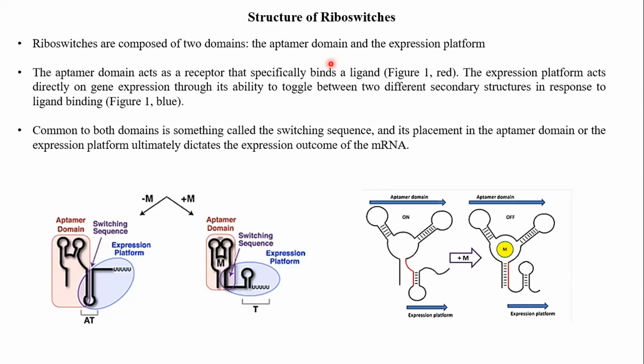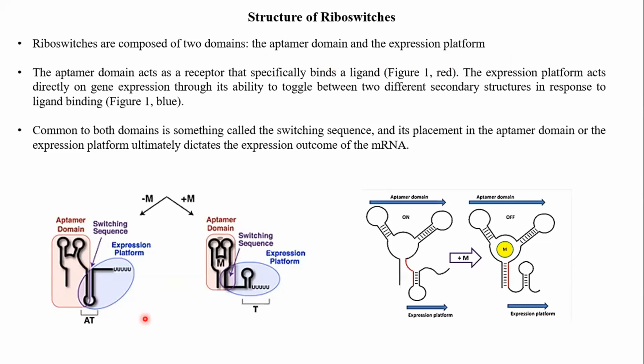In proteins also there are domains, and the property of these domain regions is that they can act independently. That means the aptamer domain and expression platform can interact, and otherwise they can also act independently. So look at this diagram.